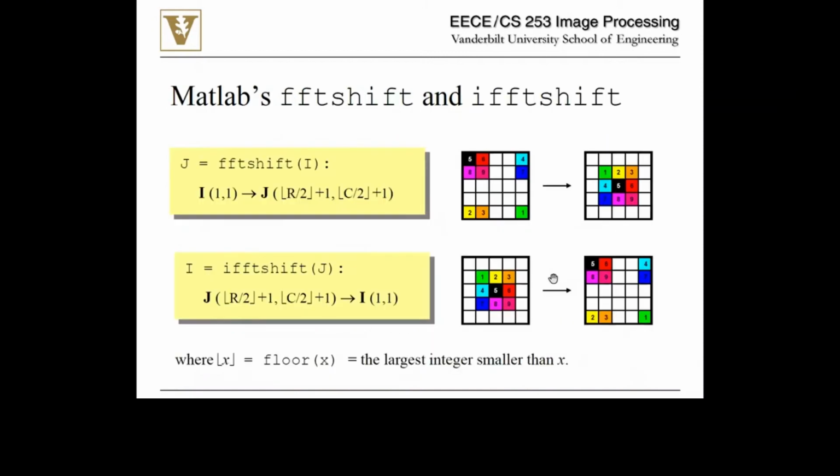Also, this is connected to something that you already know. You know that the fast Fourier transform is repeating your images, right? So before doing the Fourier transform, we are replicating it. If you replicate this one to the left, the 4 becomes close to the 5.